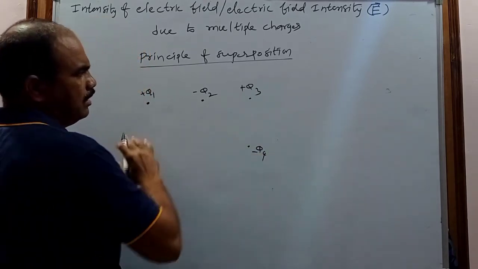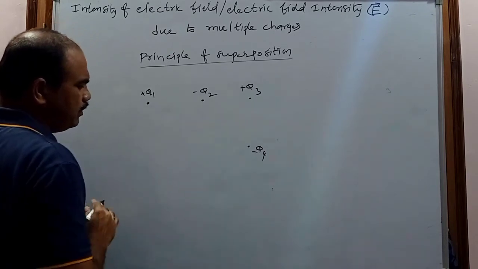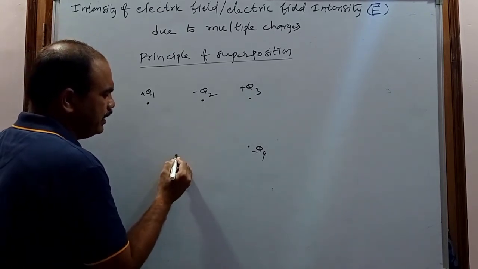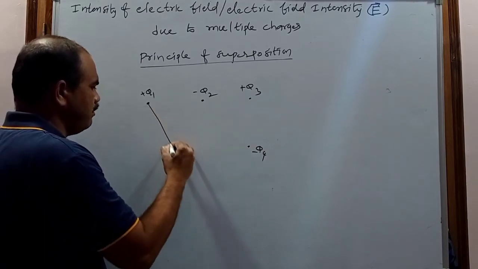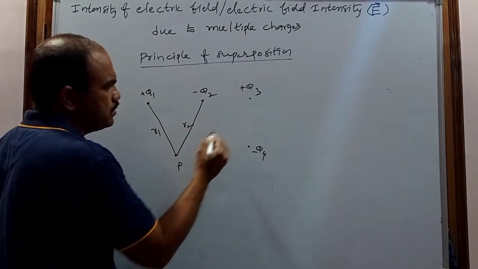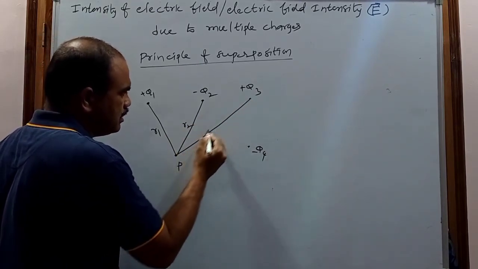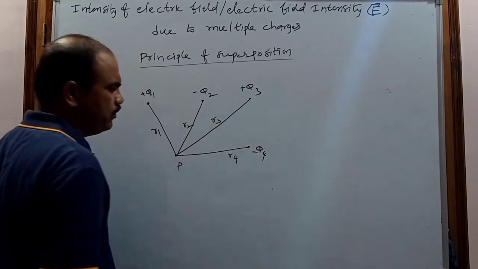Now it is a system containing 4 charges. I want to find the electric field intensity at a point P, which is at a distance R1 from the Q1 charge, R2 from the Q2 charge, R3 from the Q3 charge, and R4 from the Q4 charge.